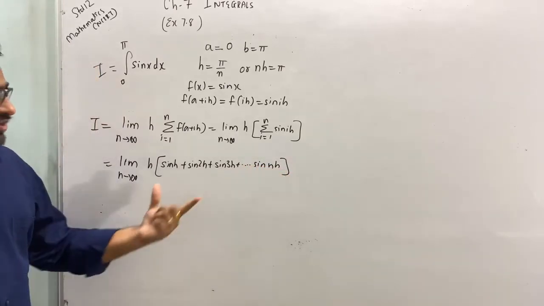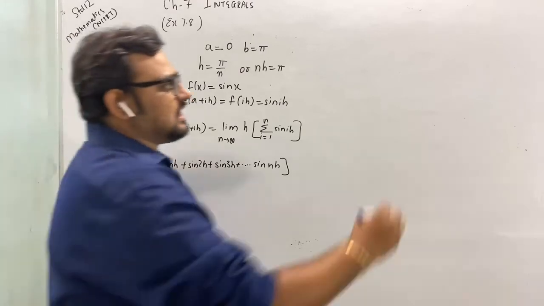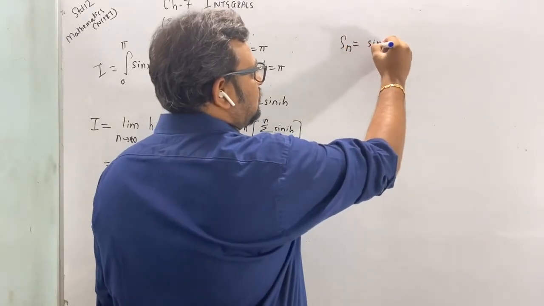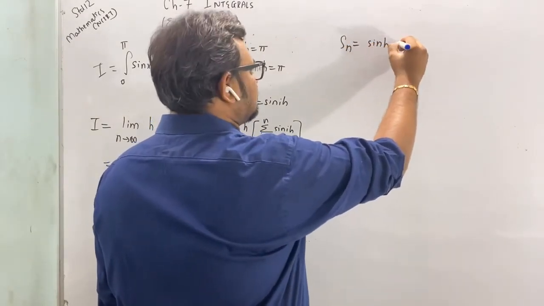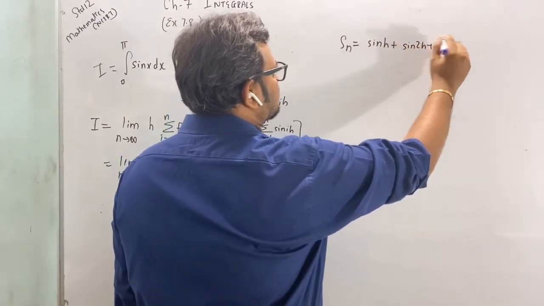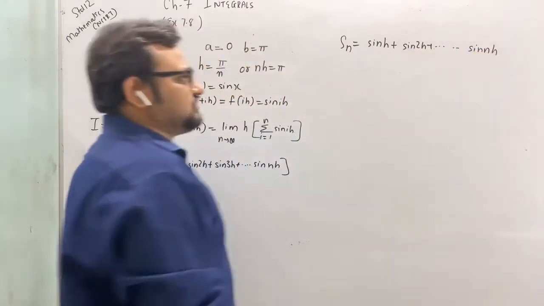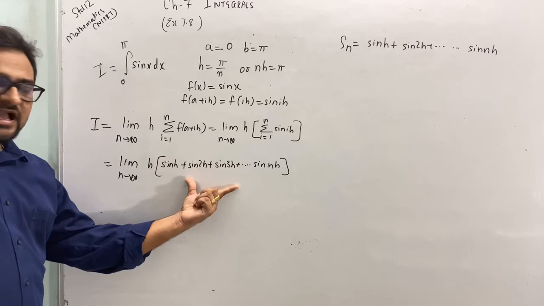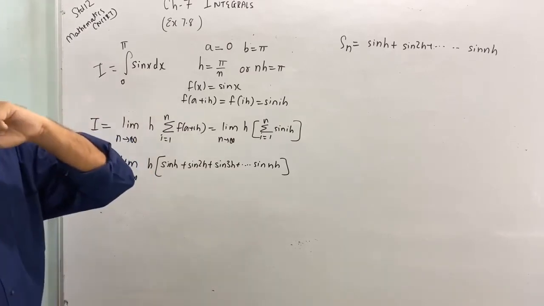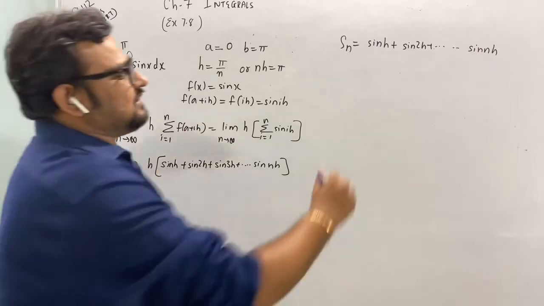Clear? So what I am doing, I am taking this series separately. Okay, I am taking here Sn is equal to sin h plus sin 2h plus up to sin nh. Clear? This is the series. I'm solving it separately and then I will put it here. Now, what I will do, I will multiply and divide by 2 sin h by 2.